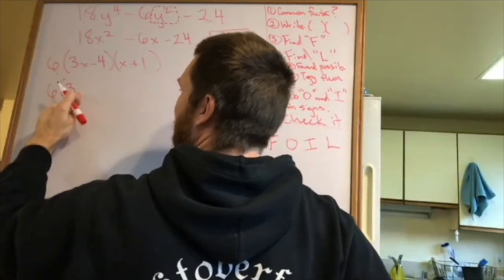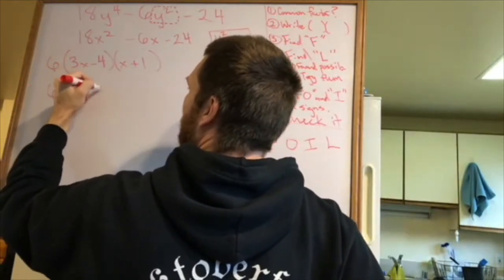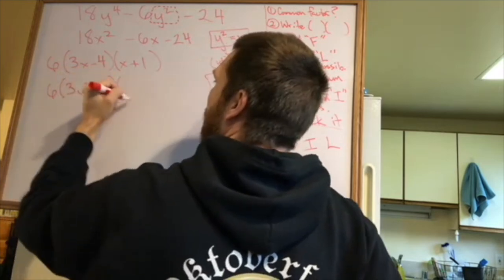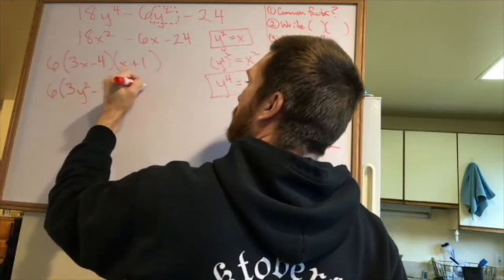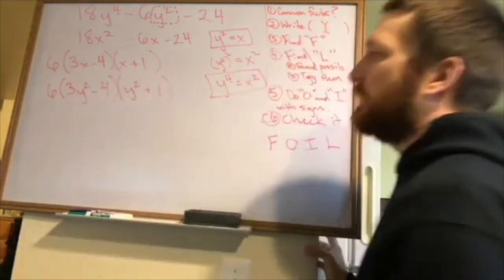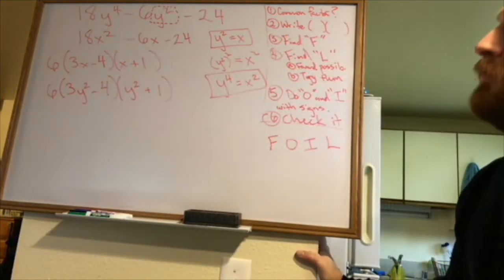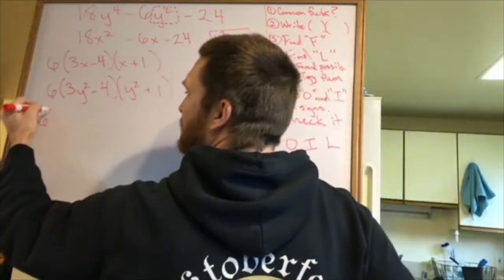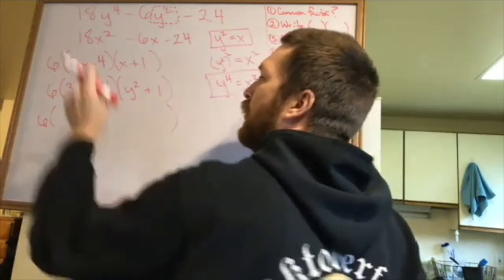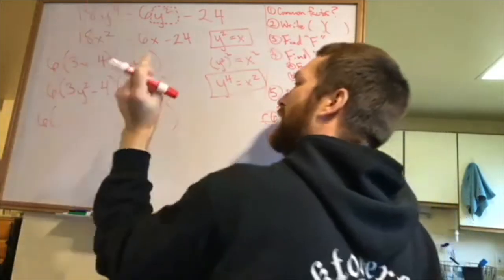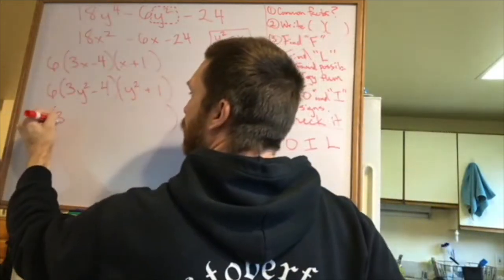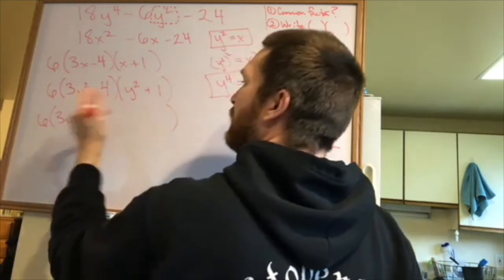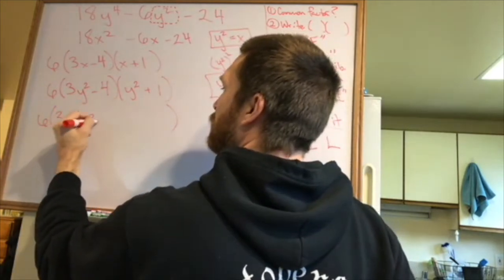There. Y squared minus 4. And then y squared plus 1. Now, finally, I'm going to check. And so I get my 6. And so 3y squared times y squared is 3y to the 4th. The outer gives me a plus 3y squared.